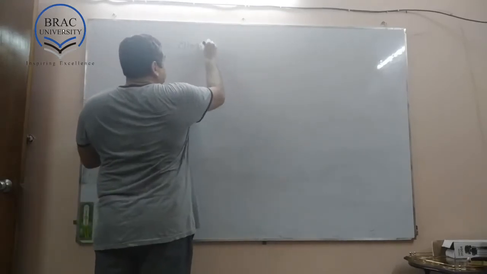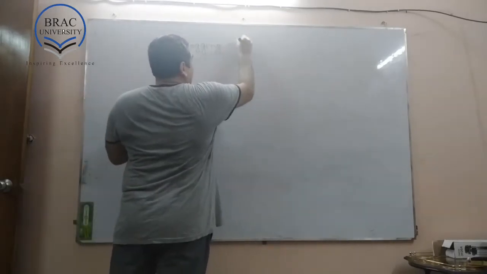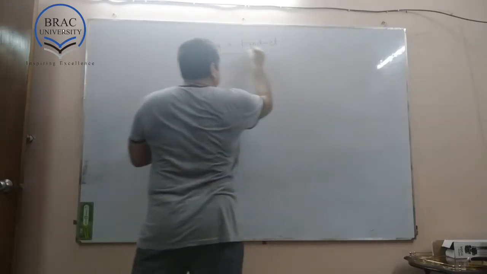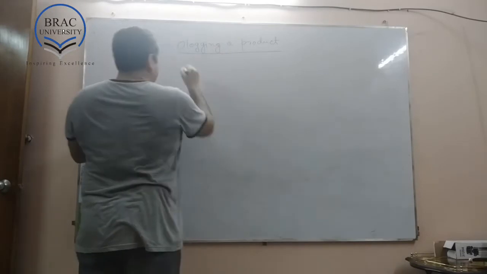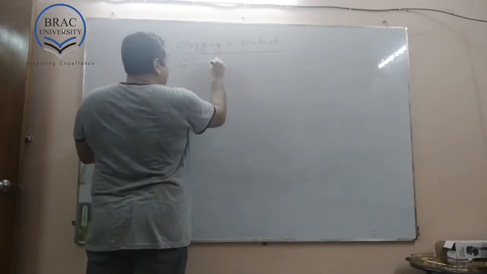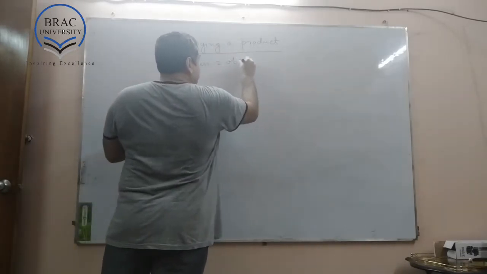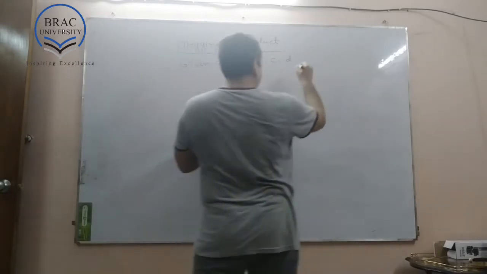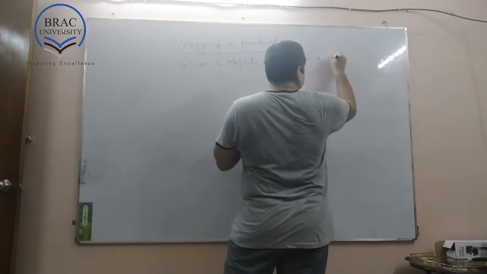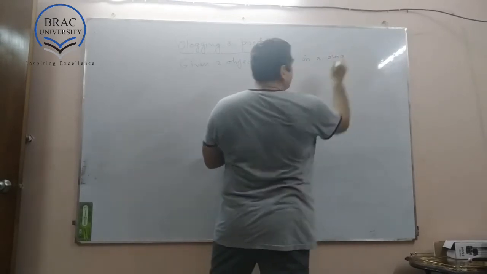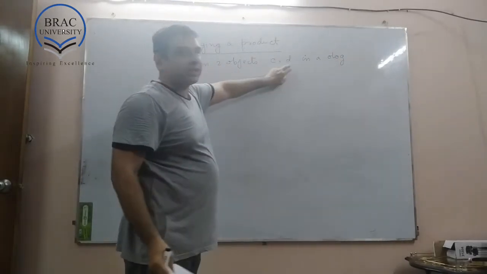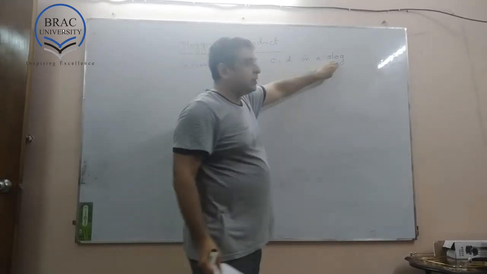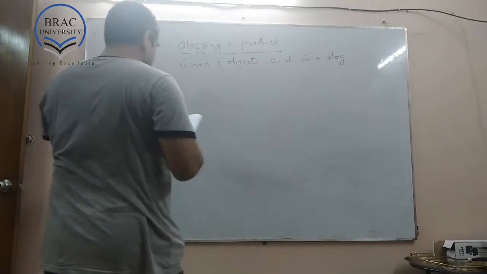O-logging a product. Given two objects C and D in an O-log. Remember that O-log is an abstract category where objects are types. So C and D are two types in this abstract category.